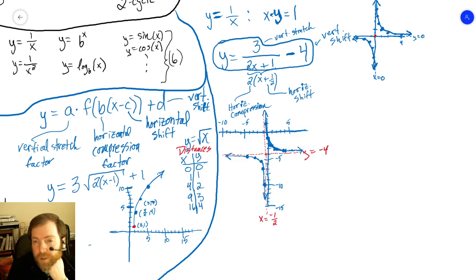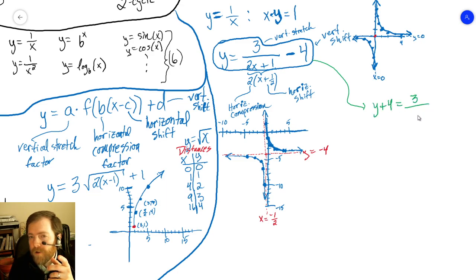Okay. So, if we've got rational functions like this, this is going to allow us to think of this in terms of distances instead of actual points, and it's going to help you understand how all of this works. This is not a requirement or anything, but if you wanted to, you could also take this as y plus 4 equals 3 over 2x plus 1.